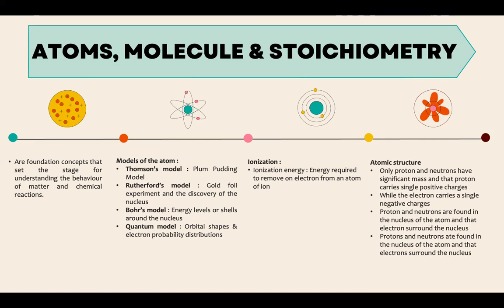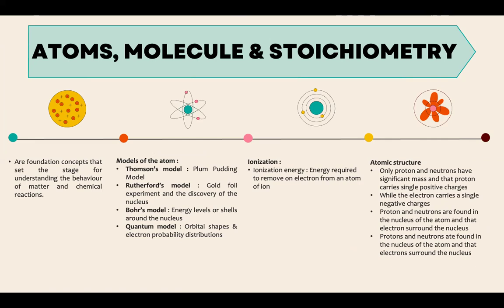The Bohr model has energy levels or shells around the nucleus, and the quantum model has orbital shapes and electron probability distributions. Ionization energy is the energy required to remove an electron from an atom or ion.